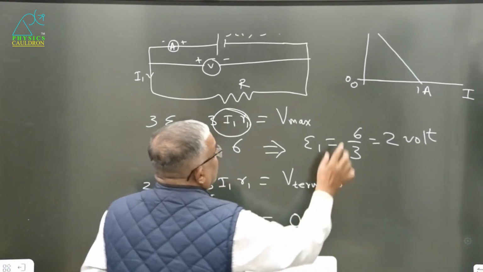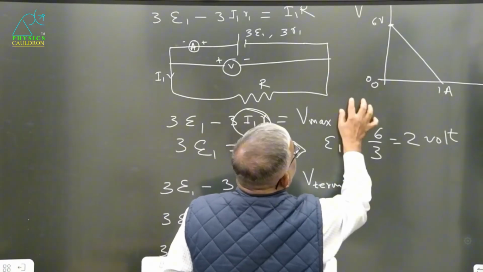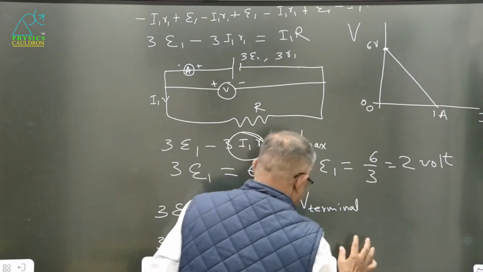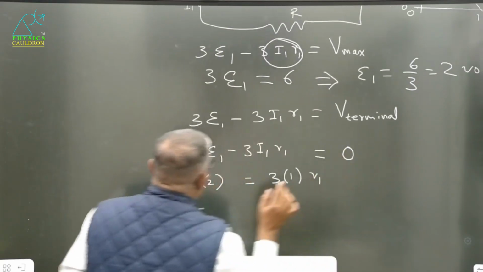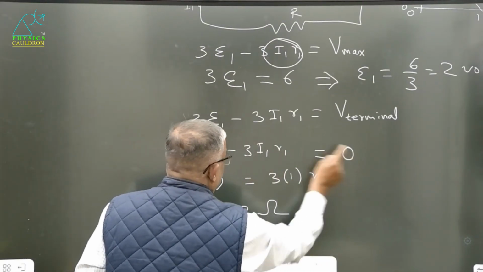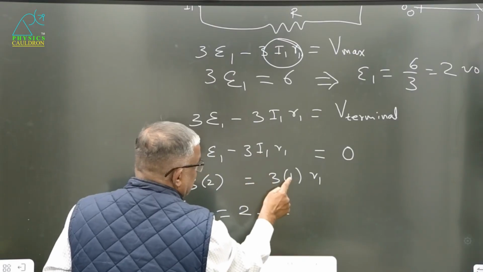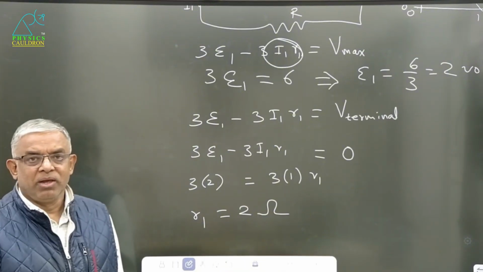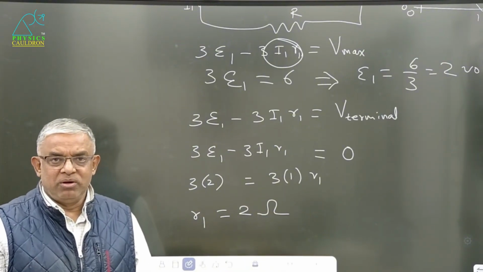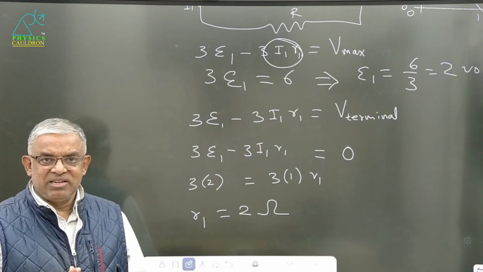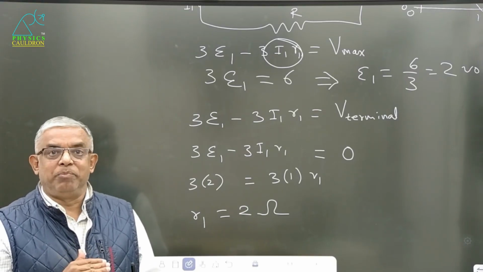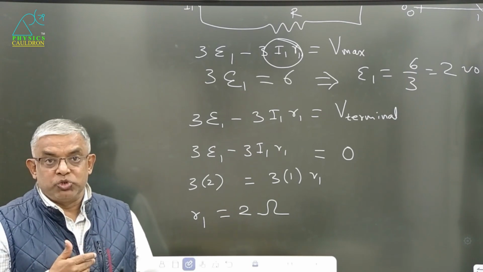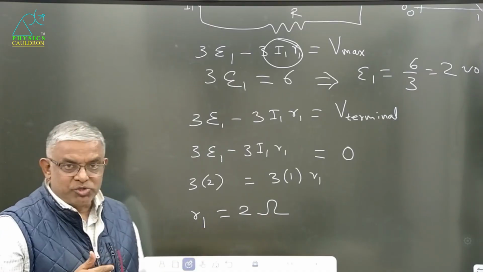When the terminal potential difference is 0, then the current is 1 ampere, and that is what we have used here. So on writing 1 ampere, you get R1 as 2 ohm. In this way, applying the concept of internal resistance and the definition of electromotive force, EMF, we have solved this question.